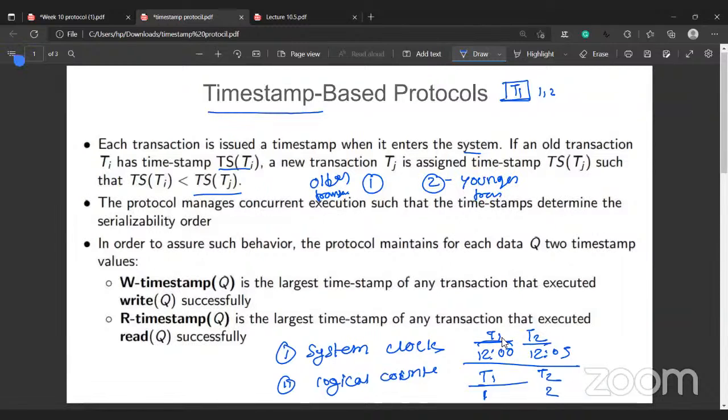So T1 will be the older transaction, and T2 will be the younger transaction, right? So everyone got it. When it enters the system, a unique timestamp is issued to each transaction in the timestamp based protocol. This point is clear.